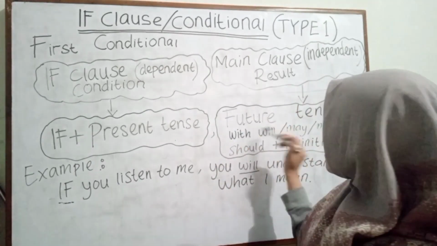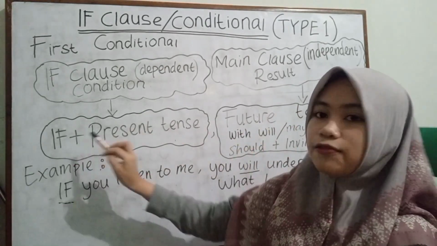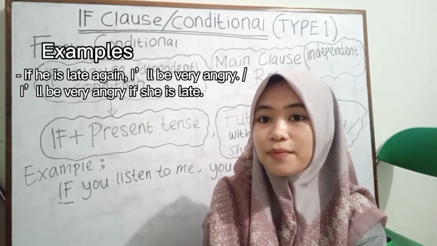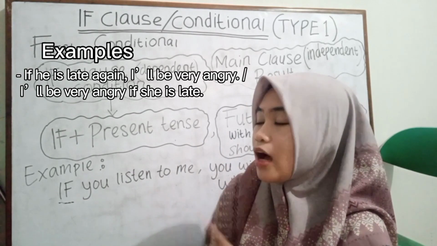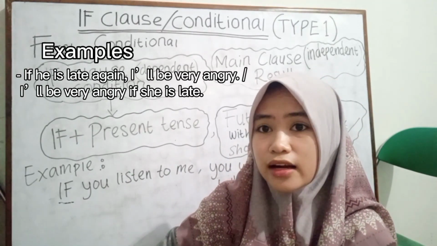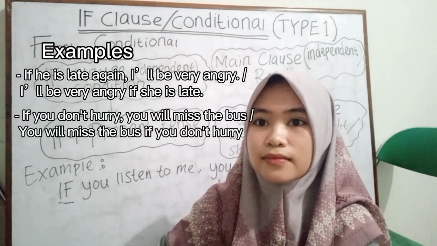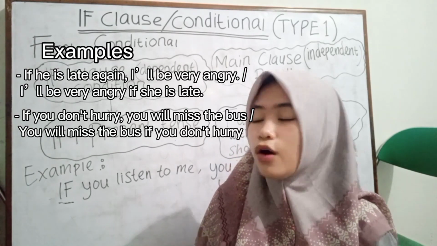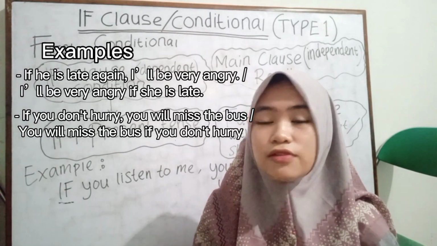Or future tense plus if plus present tense. Examples: If she's late again, I will be very angry. Or I will be very angry if she is late. If you don't hurry, you will miss the bus. Or you will miss the bus if you don't hurry.